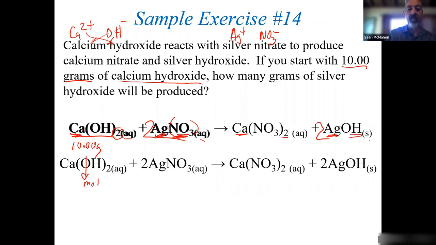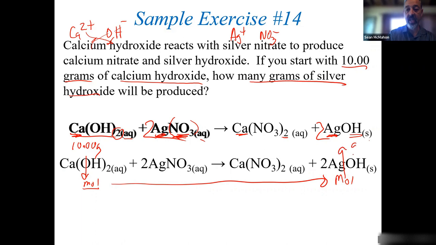Why? Because once I know moles of calcium hydroxide, I can figure out how many grams of silver hydroxide are produced. So now, how do I do that? If I know that I have moles of calcium hydroxide, I can get moles of silver hydroxide. And once I have moles of silver hydroxide, I can figure out grams.